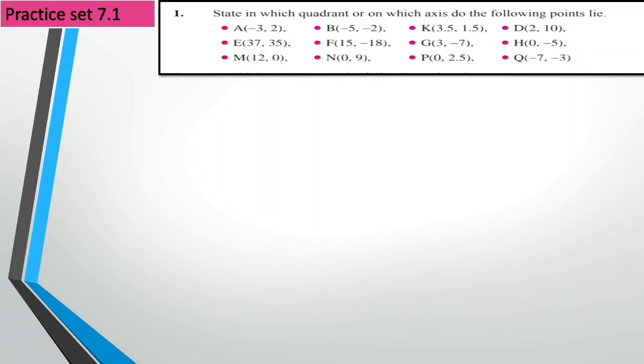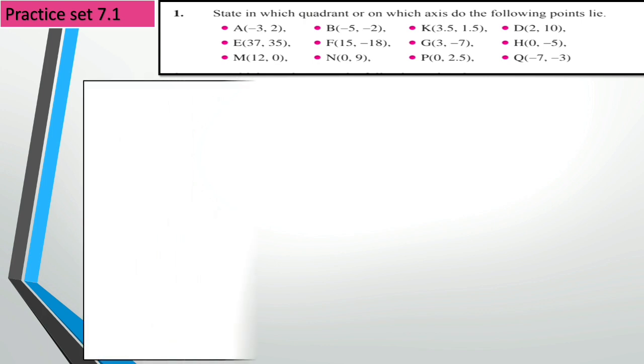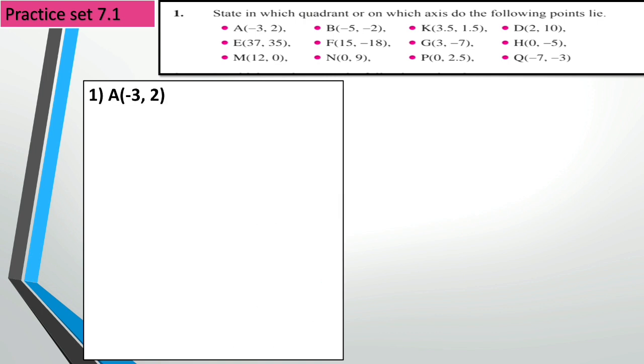Children, now let's start with the practice set number 7.1. The question number 1 is given. State in which quadrant or on which axis do the following points lie. The first one is given, point A, (-3, 2). It means x coordinate is given negative and y coordinate is given positive.